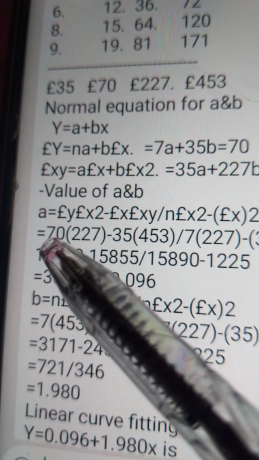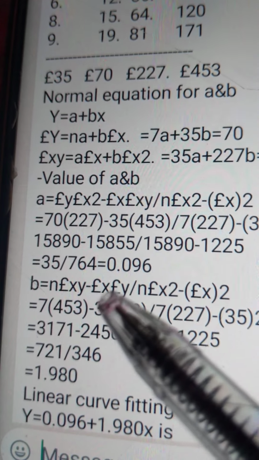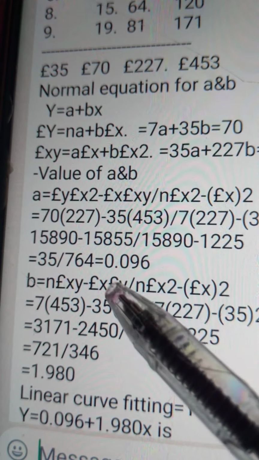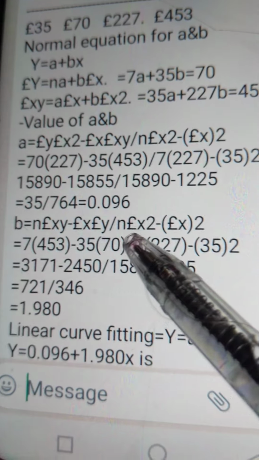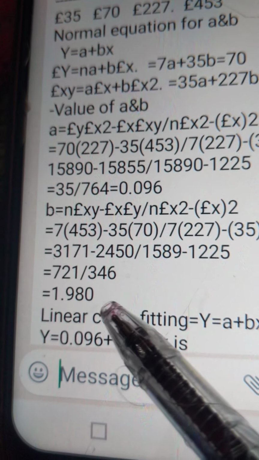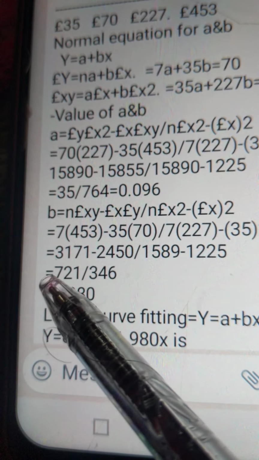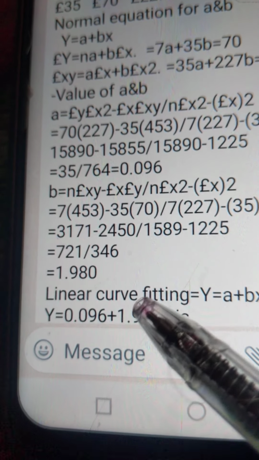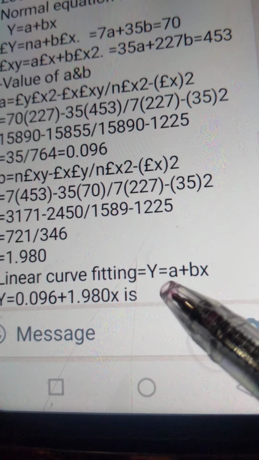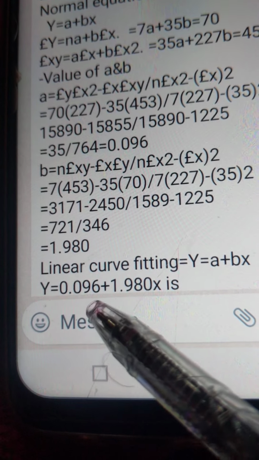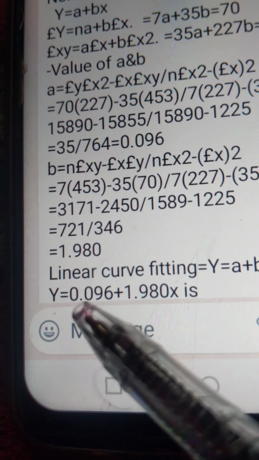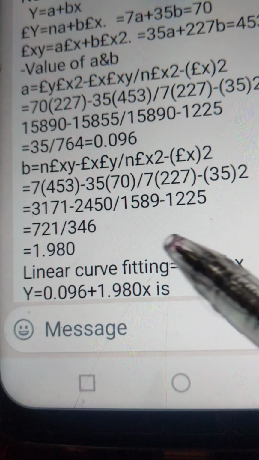By putting the values, we get the value of a, which is 0.096, and the formula for b is this. By putting the values, the value of b is 1.980. Linear curve fitting, as you know, is y equals a plus bx. So putting the values of a and b, the answer of this question is this.